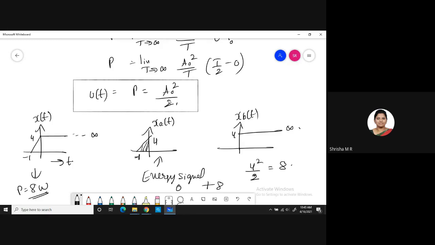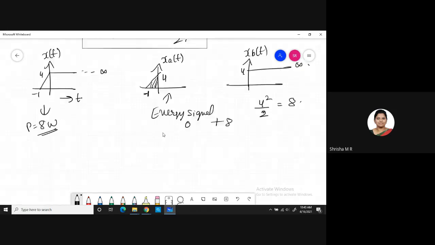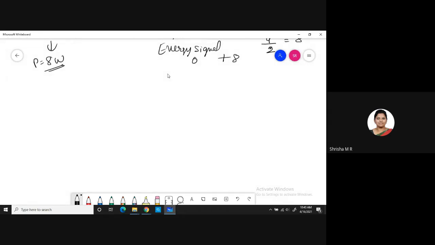Energy and power signals. So, one minute, I'll give you unit step in discrete form. You try solving that. Oh, we have time, right? Two more minutes. I'll only solve that. So, find the power of x of n, which is equal to u of n.